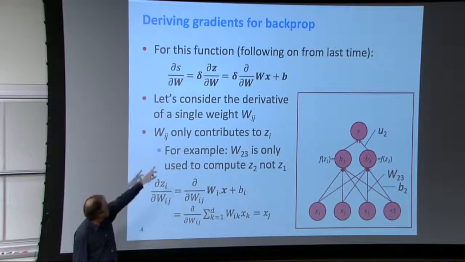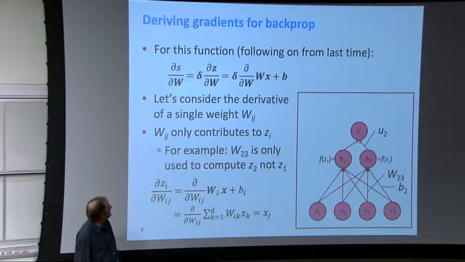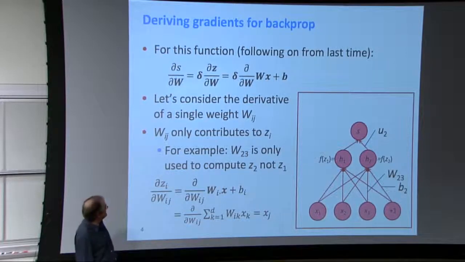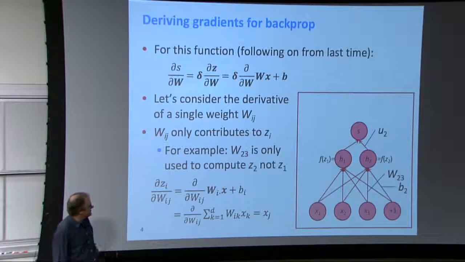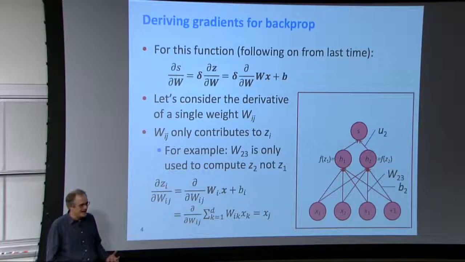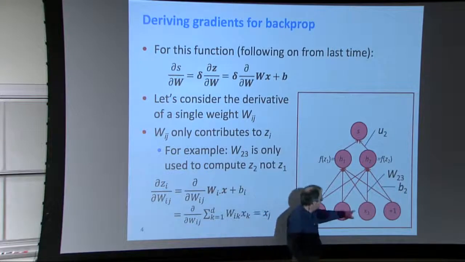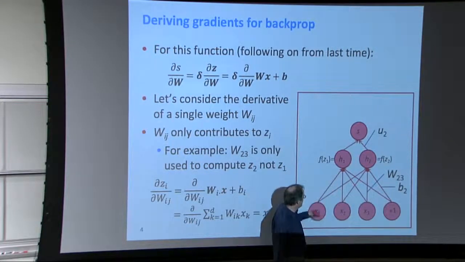So we want to work out the partial of z by W, which is the partial of Wx plus b with respect to W. If that's not obvious, one way to think about it is to go back to the elements of the matrix, work it out element-wise first, and think about what it should be. Then once you've thought that out, rewrite it back in matrix form to give the compact answer.